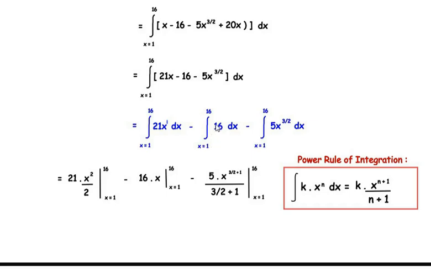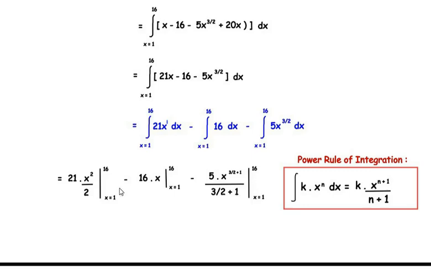Minus, now 16 is a constant, so we have written it over here, and this becomes integration of 1 times dx. So the integration of 1 is x, and the limits are from x equal to 1 till 16, minus, now 5 is a constant, so we have written it as it is, times x to the power of 3 over 2 plus 1 over 3 over 2 plus 1, and the limits are from x equal to 1 till 16.